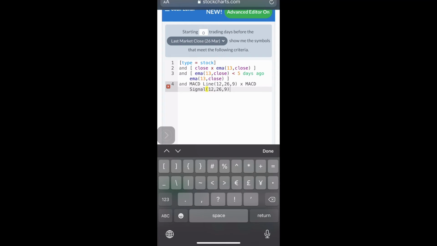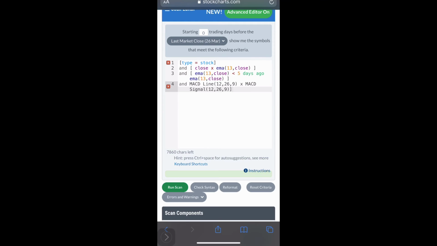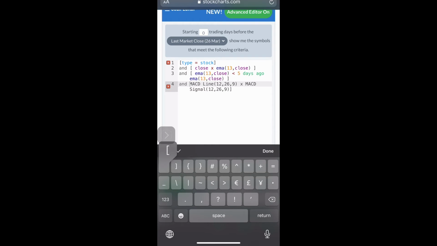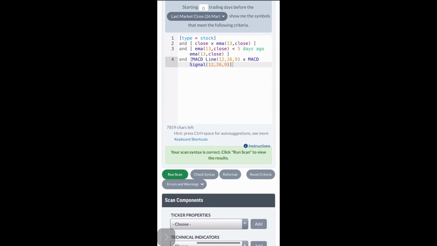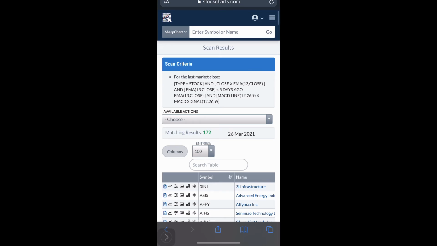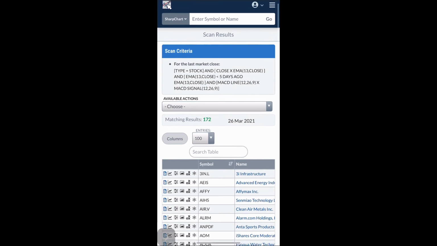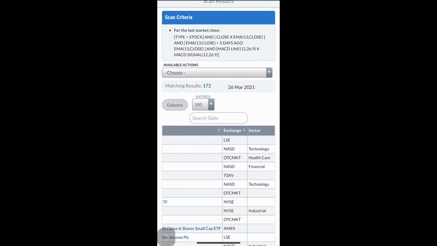Perfect. All right. And then we want to make sure we close out the brackets. And this one doesn't have a bracket, so let's add it. And let's check the syntax, just make sure everything's good. And it looks like it's good. And when we run it, we see that we went to 172 results, which is a lot cleaner.